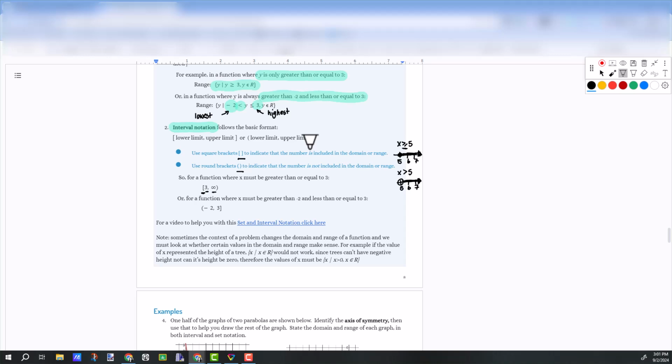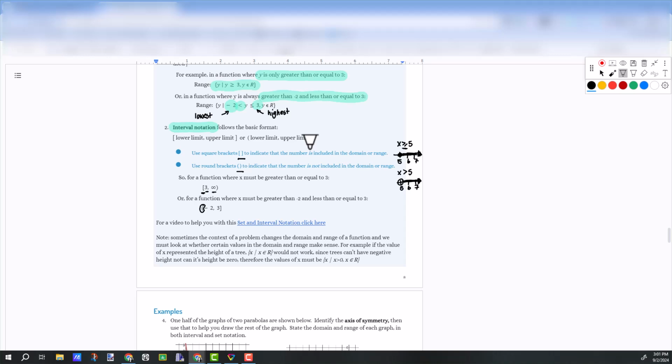Now, if x must be greater than -2 and less than or equal to 3, then we have these definitive points at the end, so we don't need an infinity. But because it's greater than -2, we use the round bracket.